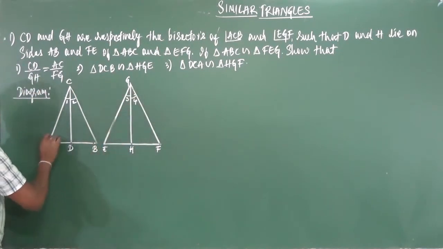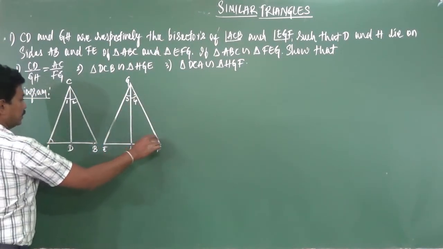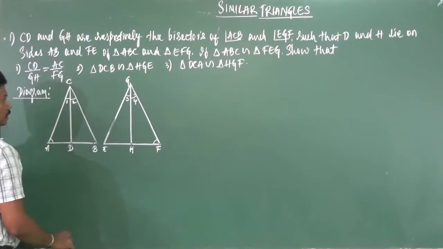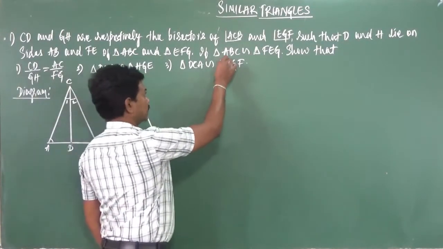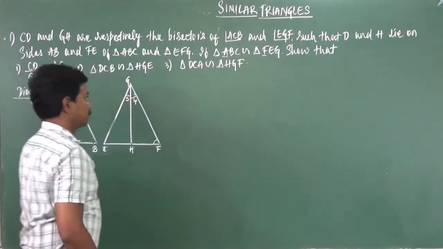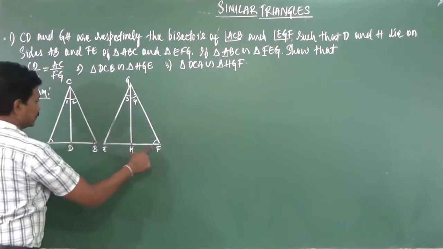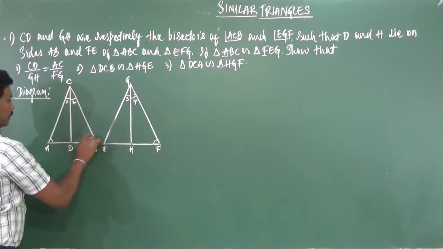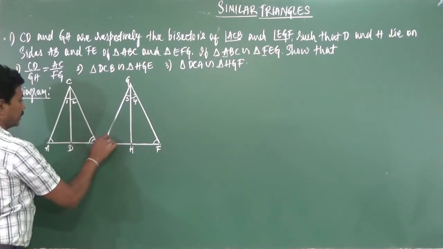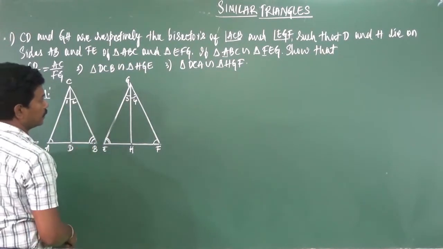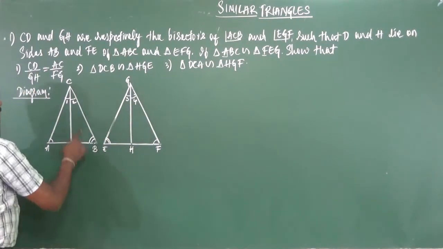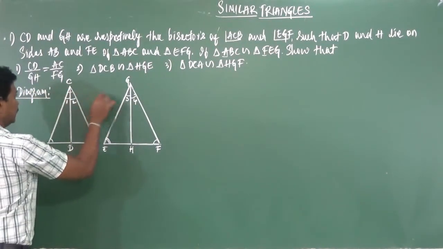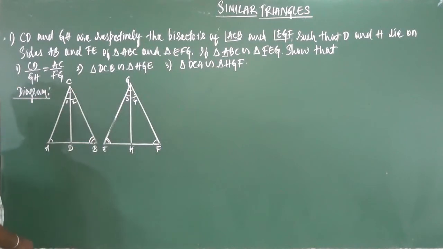That means for angle A, angle F is the corresponding angle, because vertex A coincides with vertex F here. Therefore for angle A, angle F is the corresponding angle, for angle B, angle E is the corresponding angle, and for angle C, angle G is the corresponding angle. This is the main criteria for this particular problem.